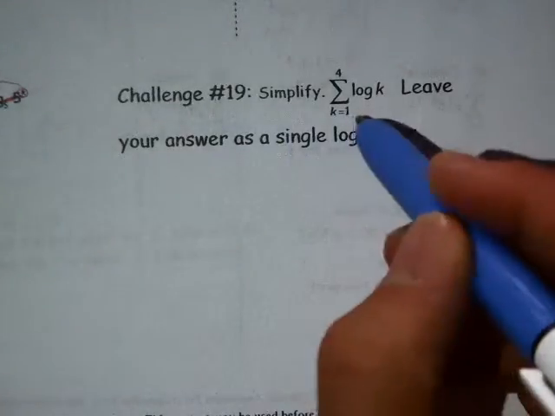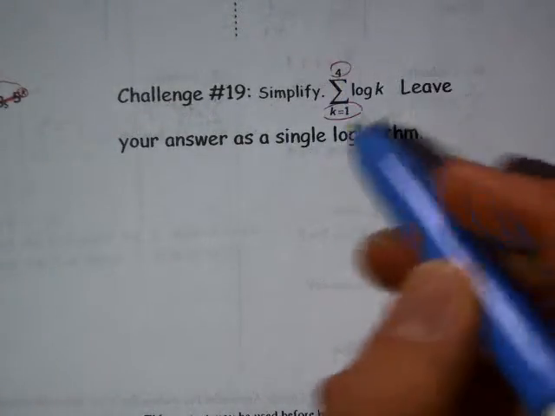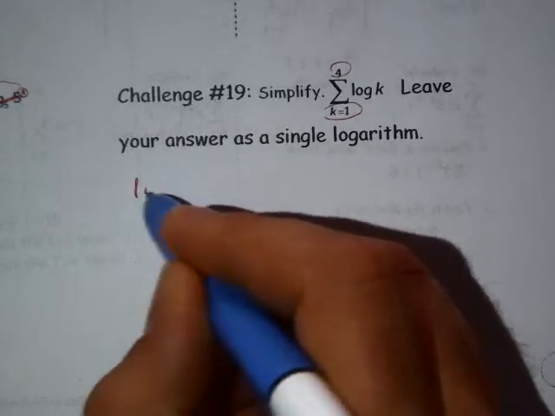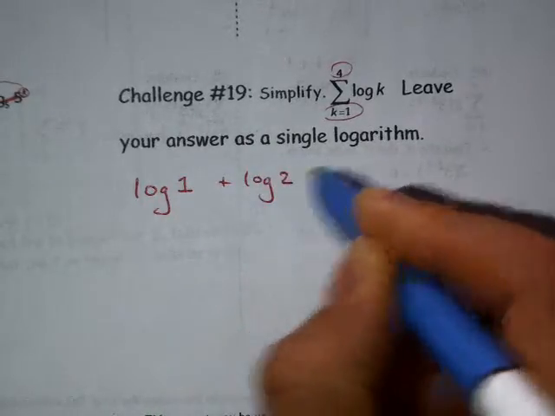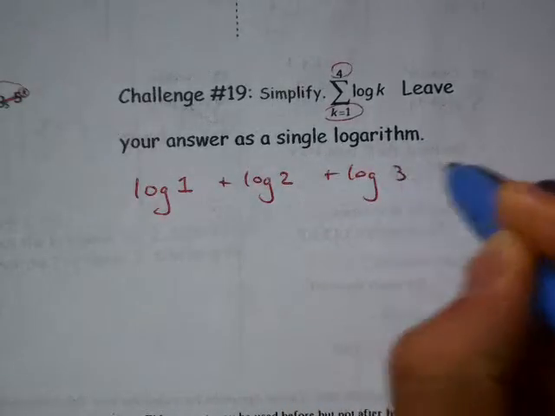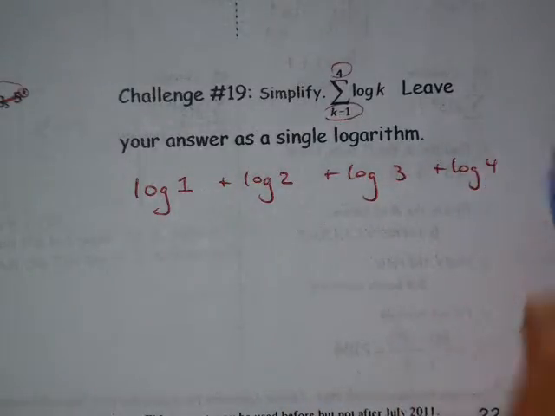Starting at K=1, going all the way to K=4, we've got log 1 plus log 2 plus log 3 plus log 4.